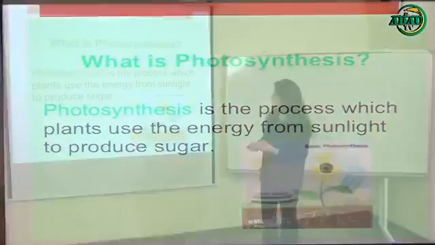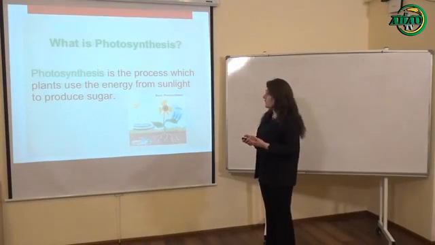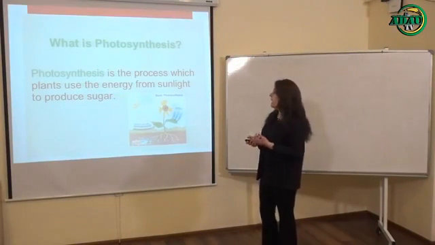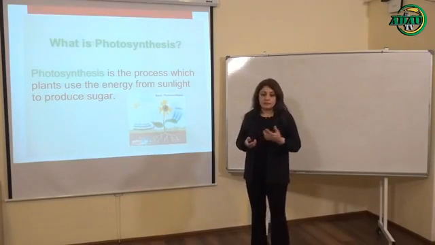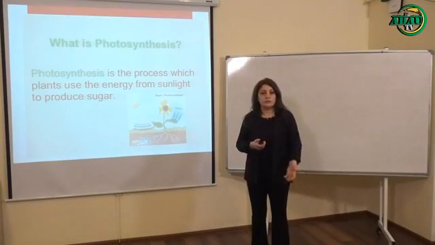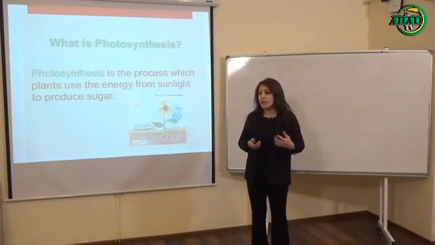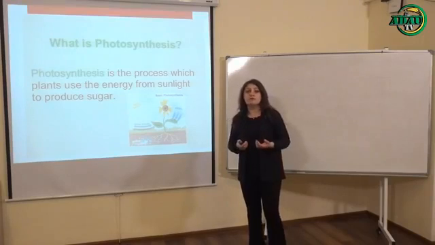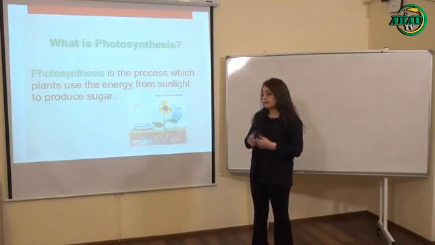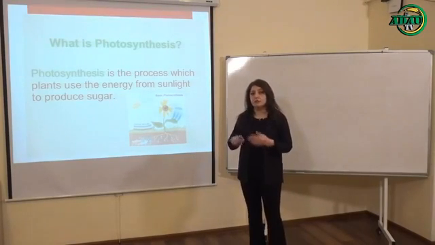What is photosynthesis? Photosynthesis is a process by which plants use energy from sunlight to produce sugars. Plants absorb water from the soil with the help of roots, and the stem conducts this water to the leaves.